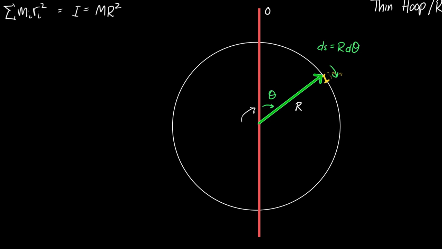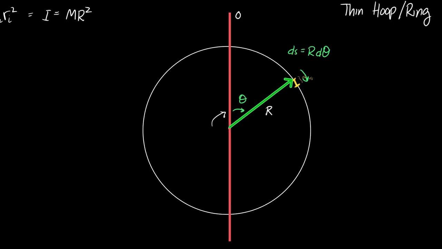Getting back to work here, we have defined ds in terms of things that are related to how we point to the object. We point to the object by going out a distance r and moving over an angle theta. So now we describe ds in terms of that. We can probably begin to assemble our integral.